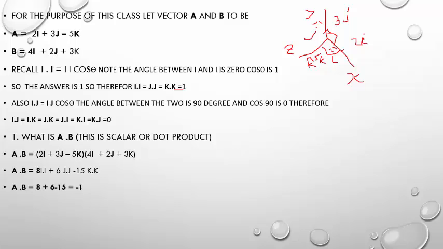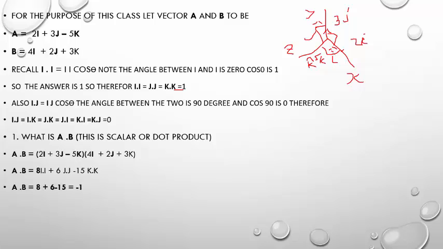The angle between j and k is 90 degrees. So i dot j is the same thing as i dot k, is the same thing as j dot k, is the same thing as j dot i, on and on like that, and it will give us 0. Because we need these two relations when we want to find our dot product.